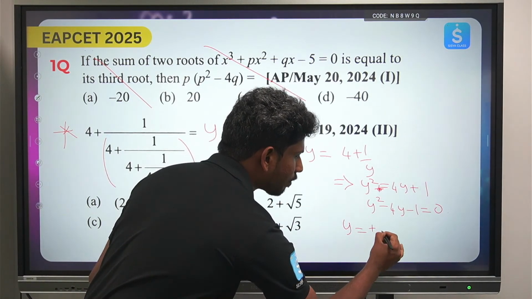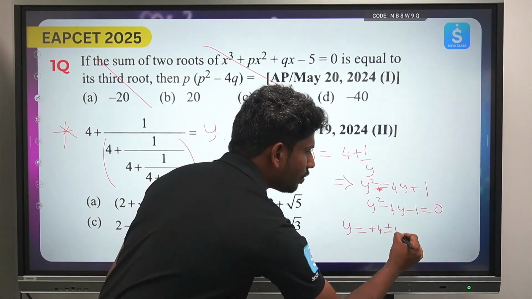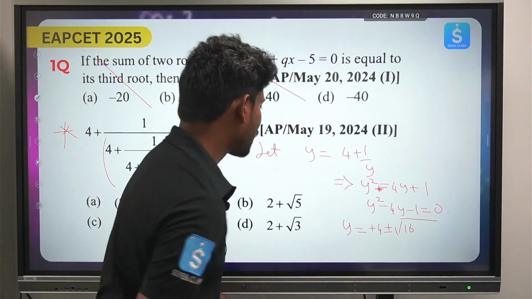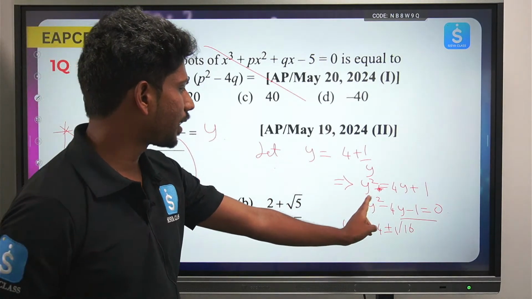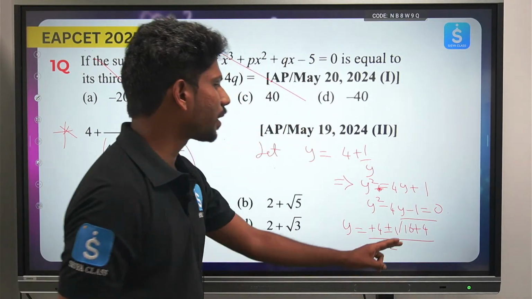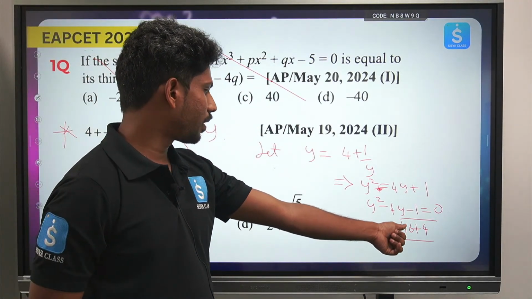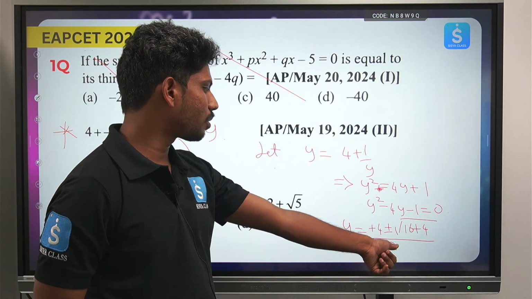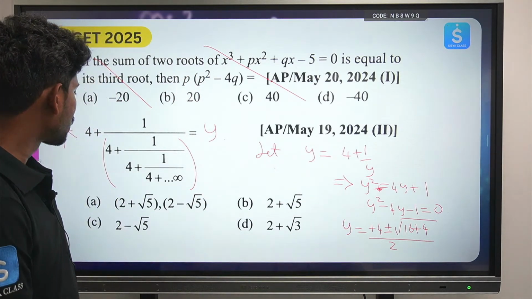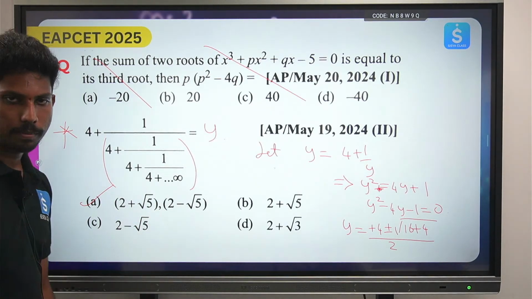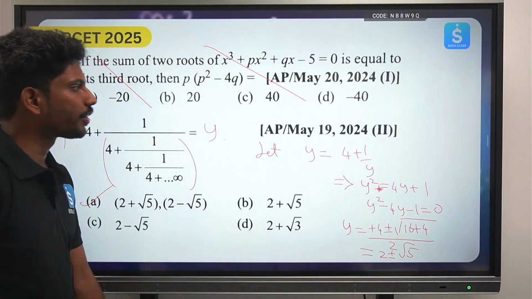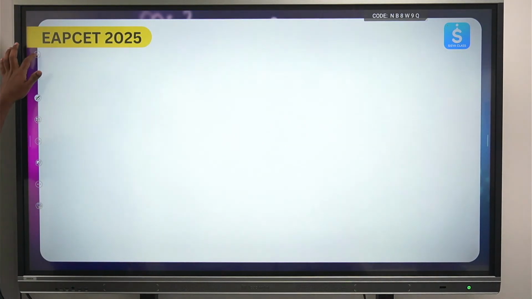So minus b will be plus 4, under root of 16 plus 4, that is 20, so 4 plus or minus root 20 by 2. Root 20 you can write as 2 root 5, so that becomes 2 plus or minus root 5. That's option A. I just directly did 2 plus or minus root 5. If you calculate, that's the answer. Okay, see the next question.